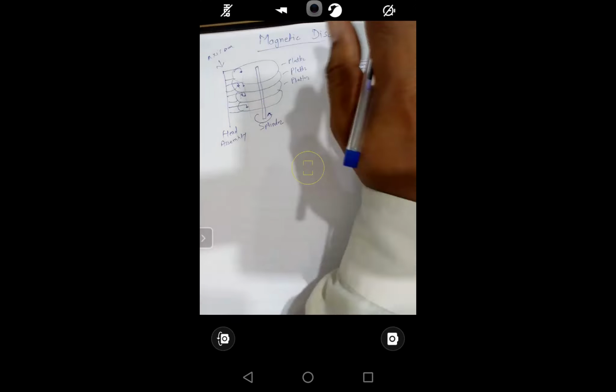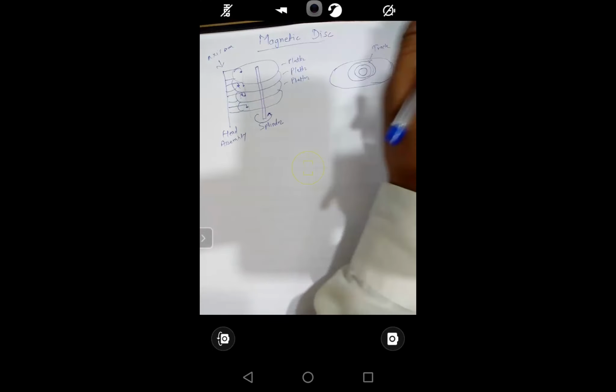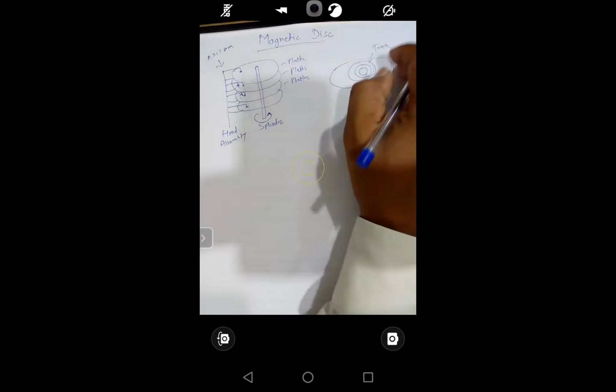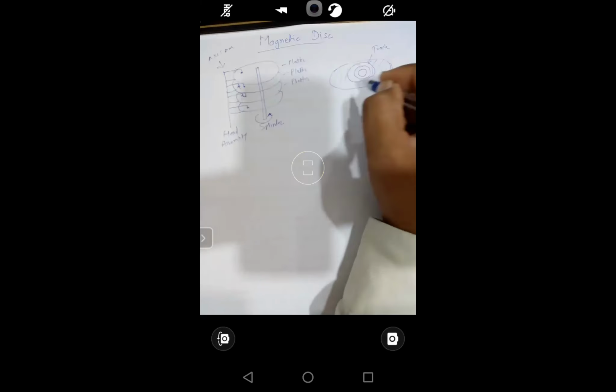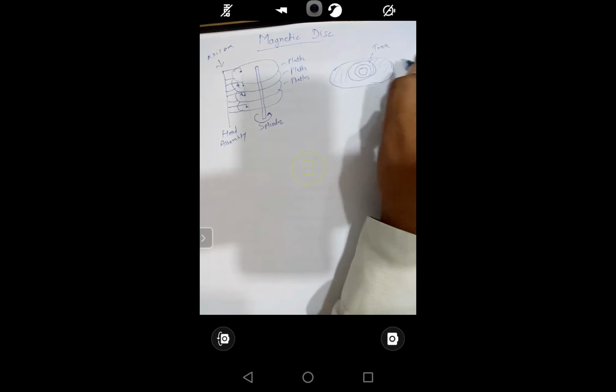That is why you see a black color on a disk. This is the surface of the platter. It is coated on the top side and the bottom side, so we get two surfaces: surface one and surface two.